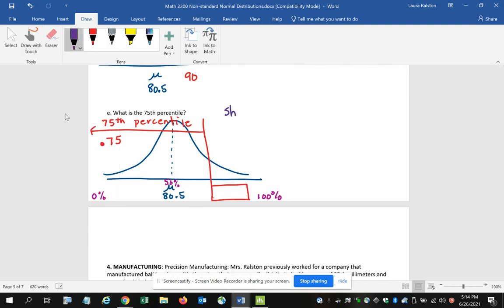So your shaded area is defined by probability. Okay, and we're doing 75% because it's important that you remember anytime you're dealing with percentiles, it's always the area to the left, or the percentage below.